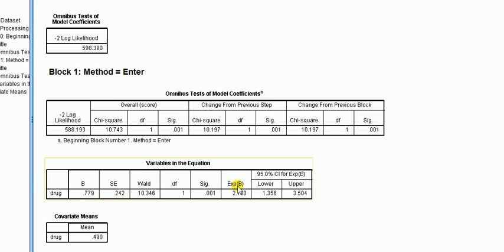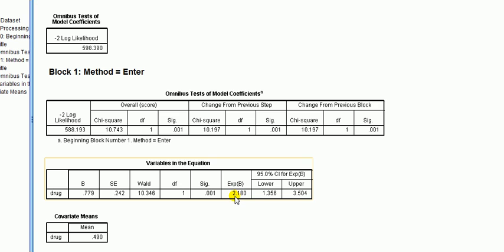I could also see that from e to the b here. This is basically, if you look at your calculator, there's an e function, right? E to the power of this guy gives you this number, 2.18. And the rule is this: if this number here is equal to 1, that means that there is no difference between the two groups in terms of risk of death from HIV.